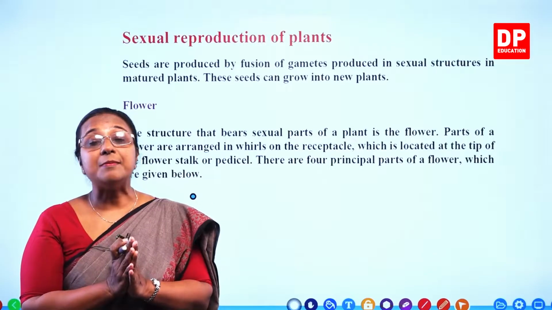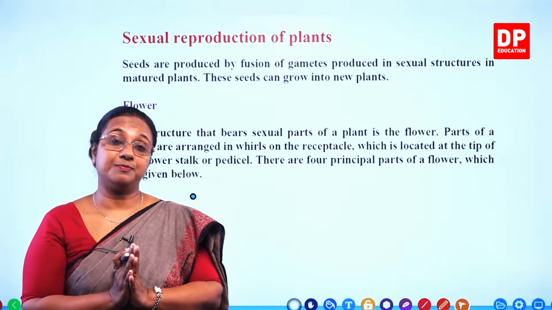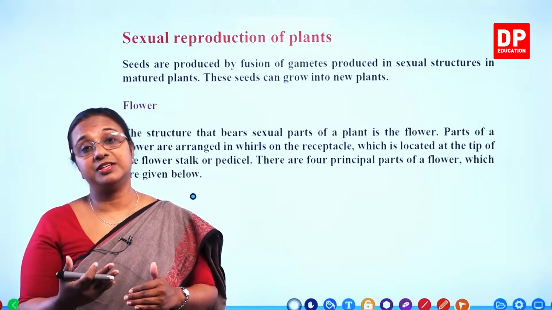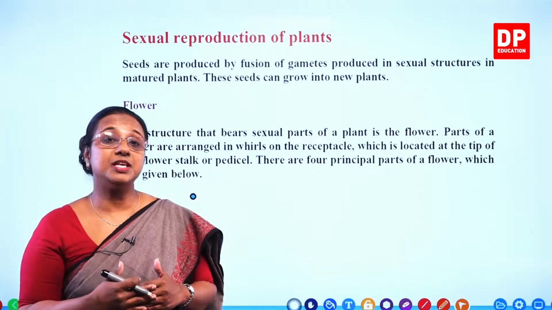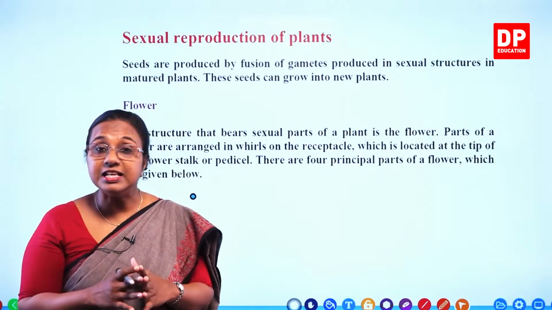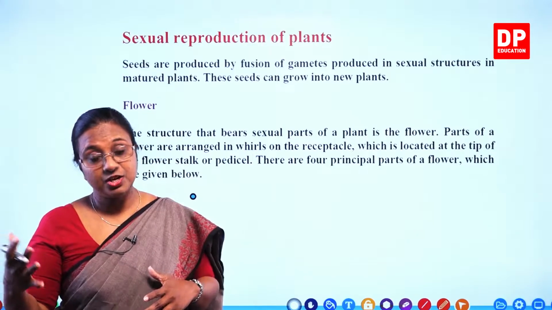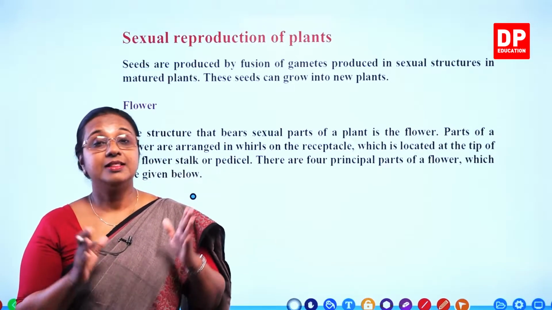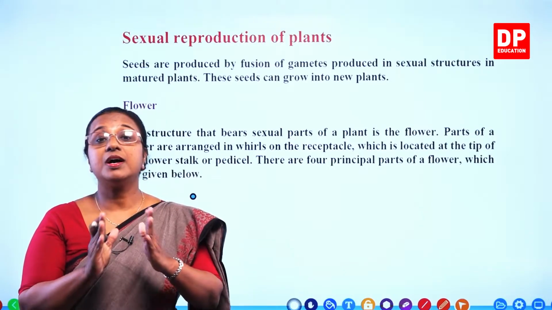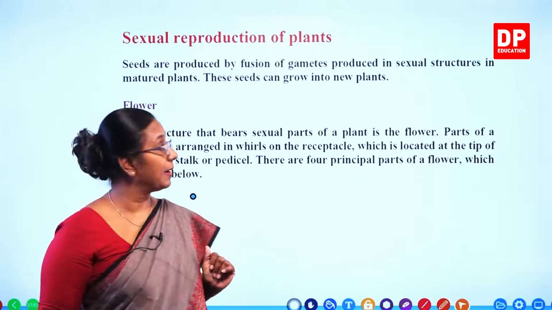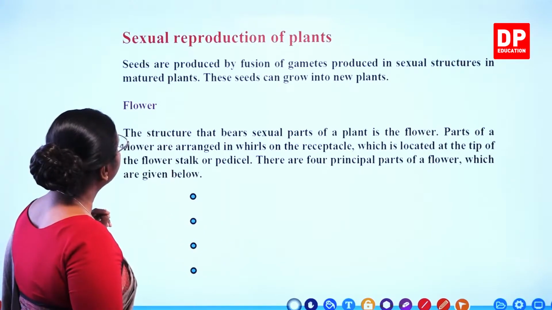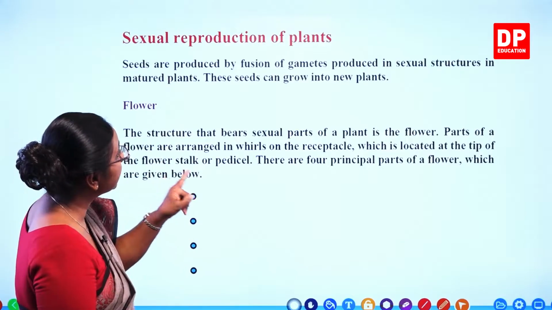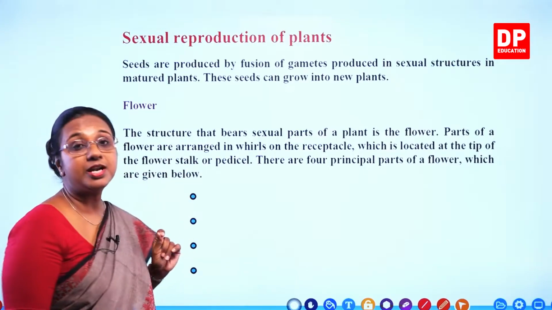When these two gametes fuse together, we call it fertilization, and thereafter the flower develops into fruits, and within the fruits there are seeds. So these seeds grow into a new plant. That is the basic of sexual reproduction of plants. So seeds are produced by fusion of gametes produced in sexual structures in matured plants.